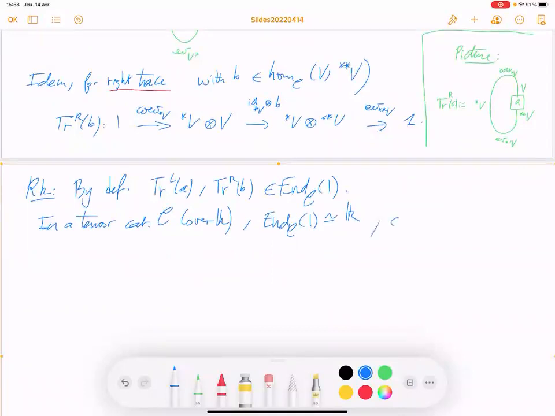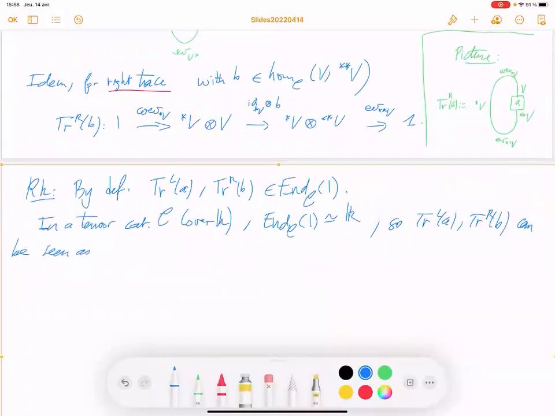So the trace, left or right, can be seen as a scalar, an element of the field.